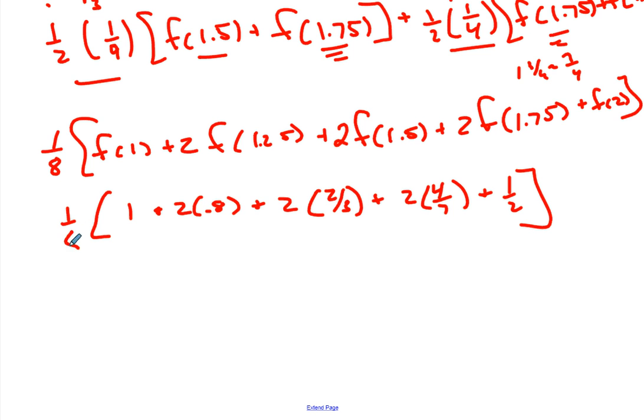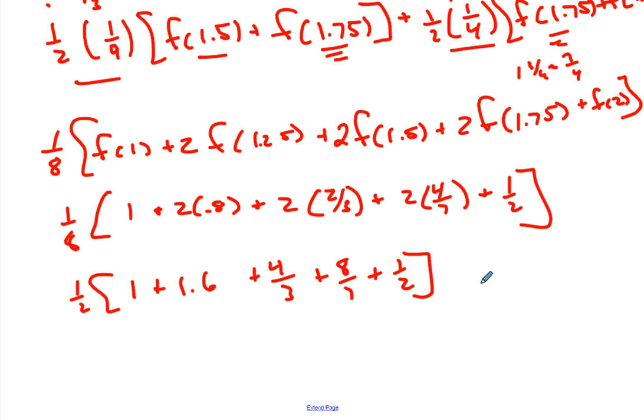Now we're just going to simplify this puppy, and so we have 1/8 times 1 plus 1.6, and we'll have 4/3 right here, 8/7 right there, and we'll have 1/2.